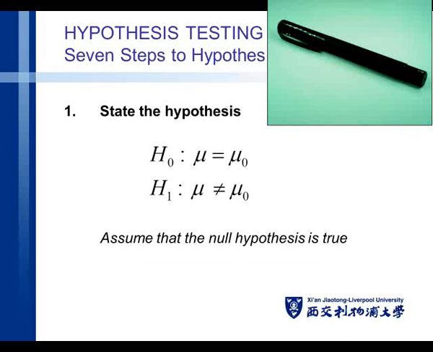So procedure to do hypothesis testing. Start with stating the hypothesis. Average equals to a certain value. And alternative hypothesis as well, average different from this number. Okay? Assume that the null hypothesis is true. And then see if the sample confirms that assumption or not.